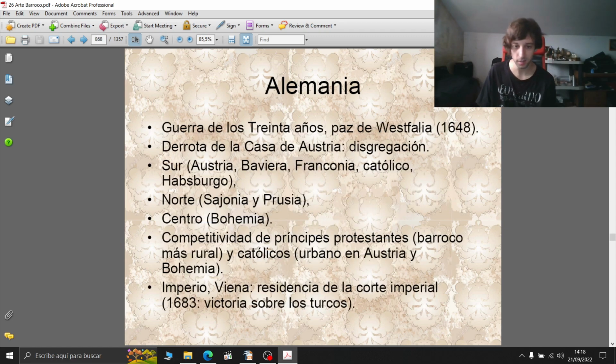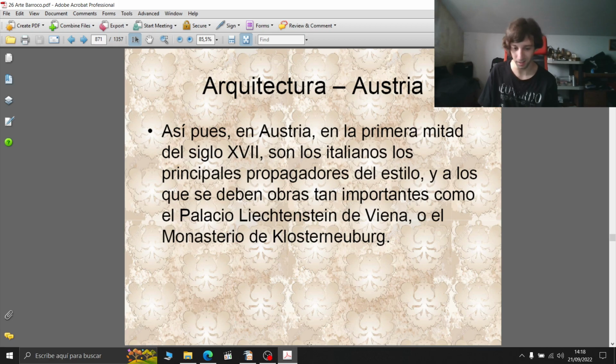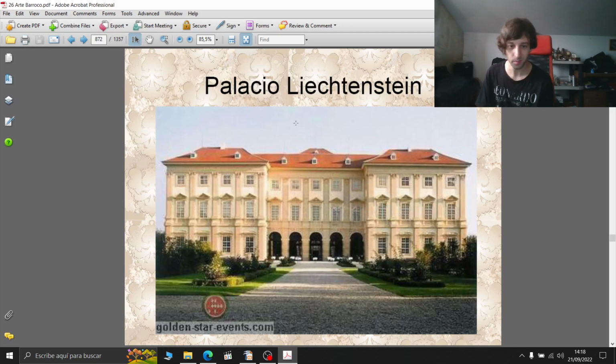So don't worry. Here, examples of Germany, the Church of Cap. And also, this one is in English, but this extra picture is in Spanish, so I'm just showing this for extra pictures.